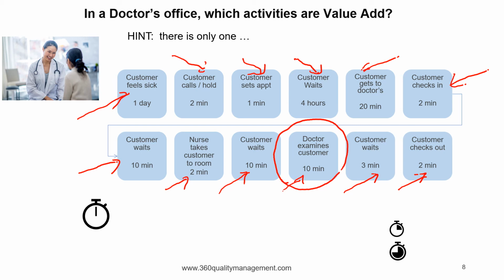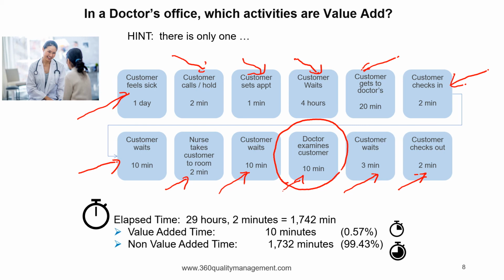Let's look further at the calculation of the lapse time. When we add all the times together for this doctor's office process, the total time is actually 29 hours, 2 minutes, converted into minutes.